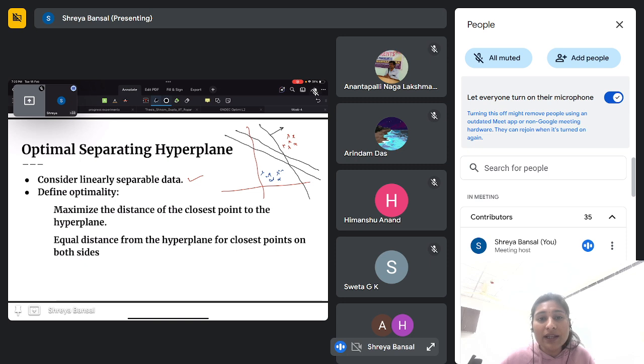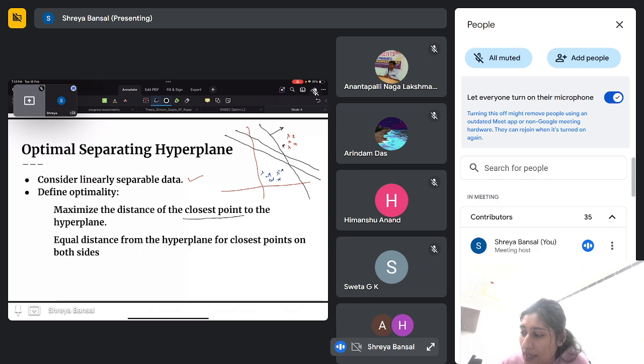And how will you get this maximum distance? I want to define something else here. First thing, the closest point. Let's say from the red class, this is the closest point, and from the blue class this is the closest point.